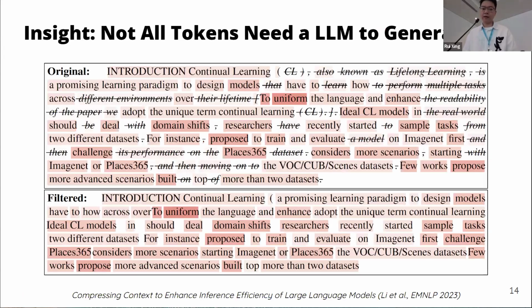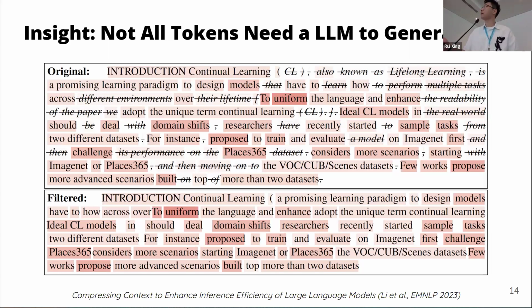And here is an intuitive insight from this paper in EMNLP 2023. In this figure, we can see that in a normal text paragraph, the words can be divided into different parts. The tokens in deeper colors, like the red ones, may contain the key information, the semantic information of this paragraph.